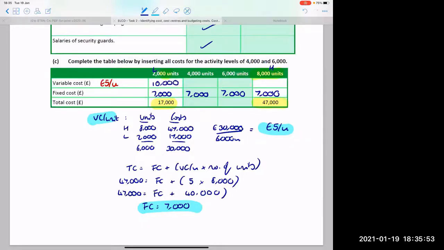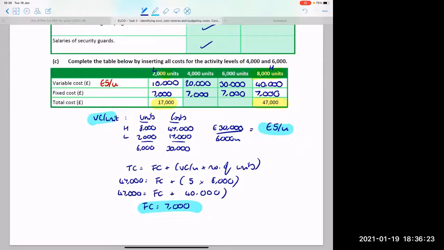And you can see then, can't you, if you add down the table, it gives you 17,000. £5 a unit at 4,000 units gives us 20,000 total variable cost. £5 a unit at 6,000 units gives us 30,000 in total, and at 8,000 units, 40,000 in total. And you can see again, can't you, now on the right hand side, that those numbers do add down correctly.